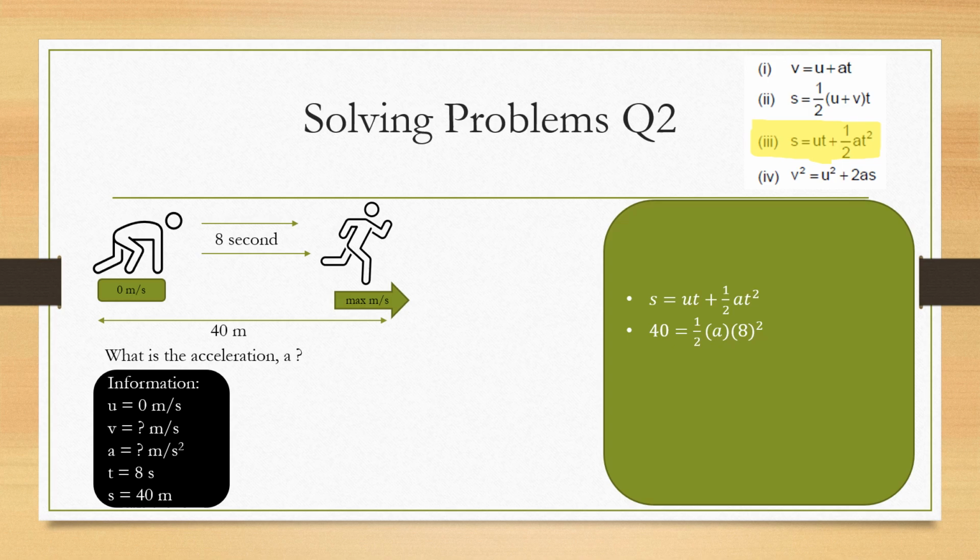We replace it with 0, and then we have half a t square. We want to find a, the time t is 8 seconds, so we do some calculation. We can arrange it to find the acceleration as 80 over 64, and we get the acceleration is 1.25 meter per second square. So that is the answer for question 2.